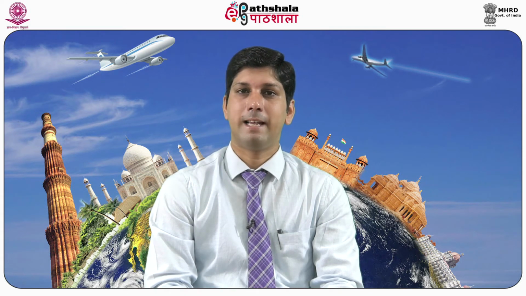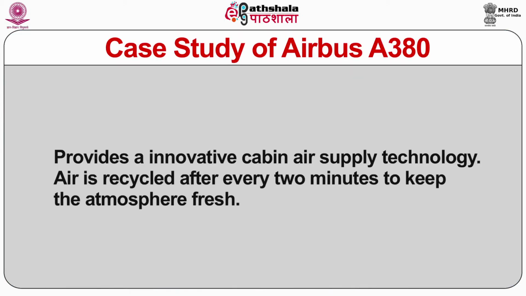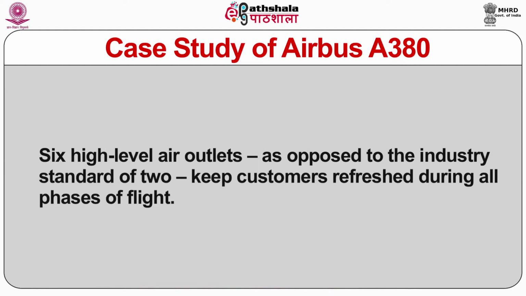It provides an innovative cabin air supply technology. Air is recycled after every 2 minutes to keep the atmosphere fresh. It has 6 high-level air outlets as opposed to the industry standard of 2, which keeps the customers refreshed during all phases of the flight.